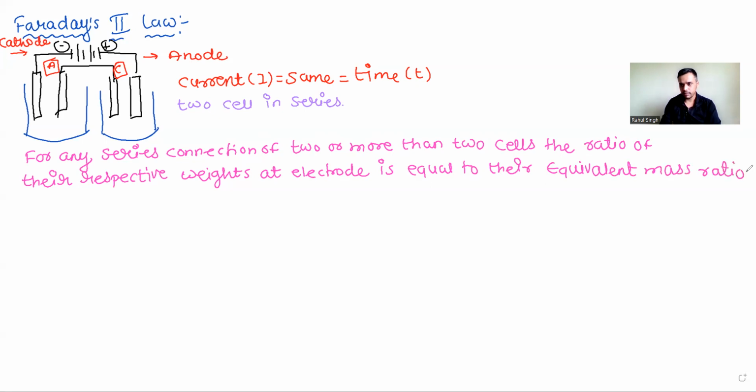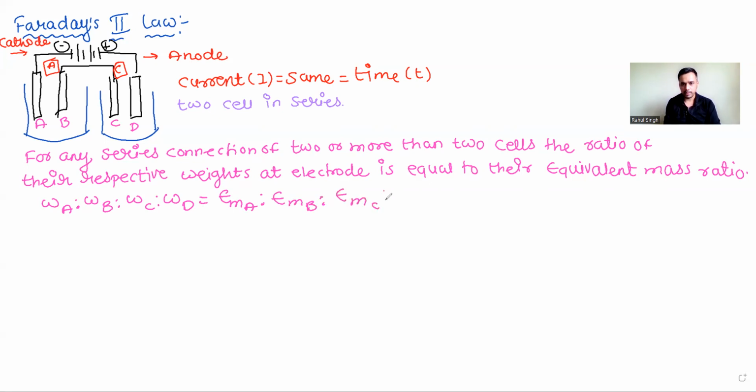So this is simplified: if we take these as A, B, C and D, the ratio of weights WA, WB, WC, WD is always in the ratio of the equivalent masses.